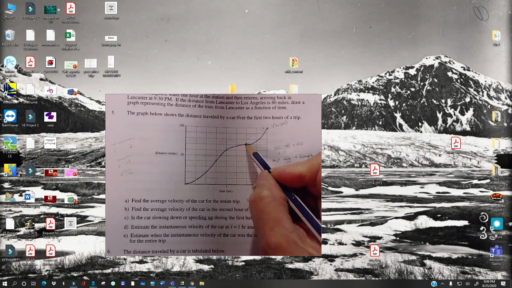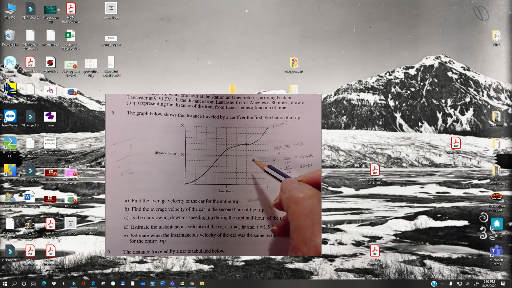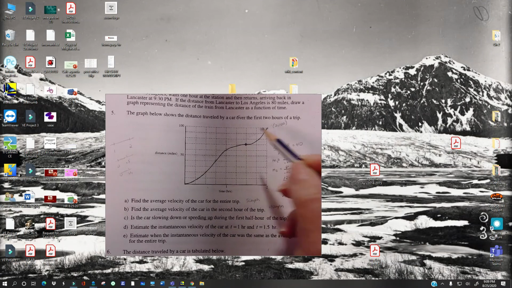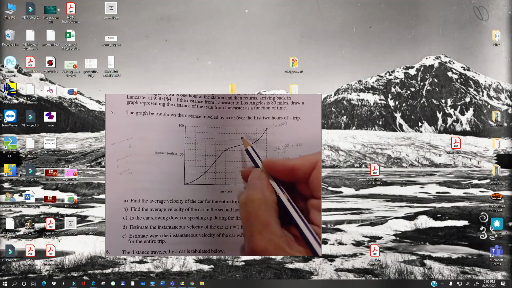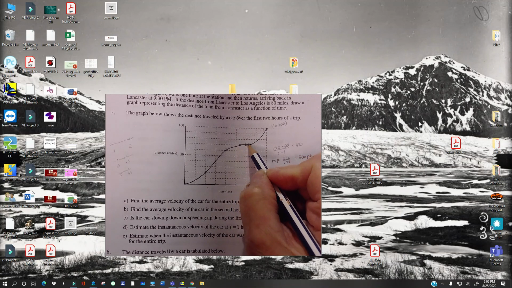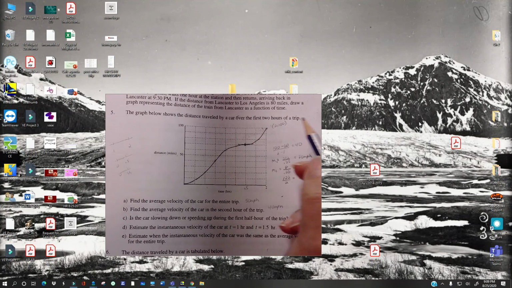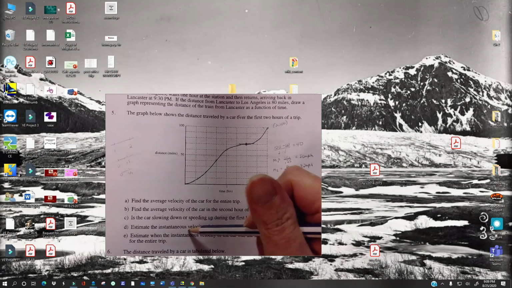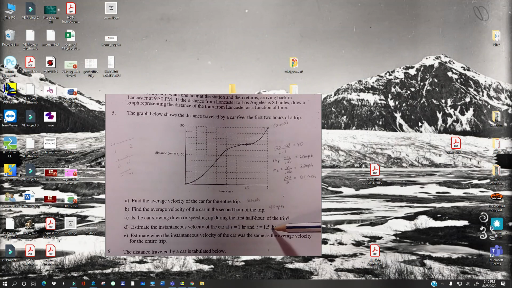If what I want to know is the velocity at the instant time is equal to 1.5, if I draw a tangent line through it, the tangent line is horizontal. That means the slope is 0. And if the slope of a tangent line to a graph is 0, that means that the car is at rest. So I would say that the instantaneous velocity at the instant time is 1.5 is 0 miles per hour, or that it stopped.